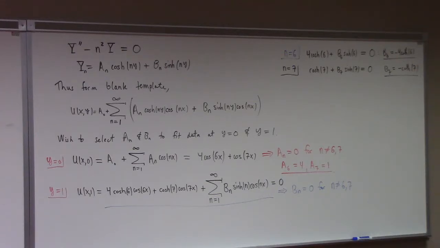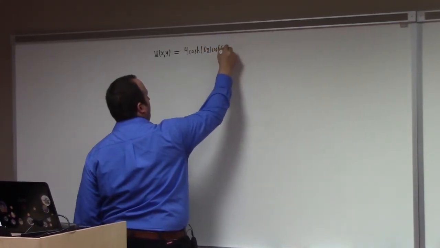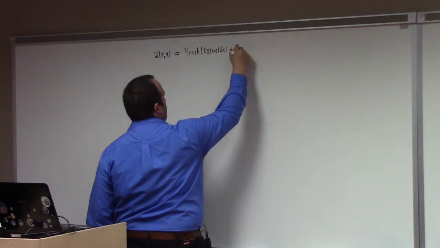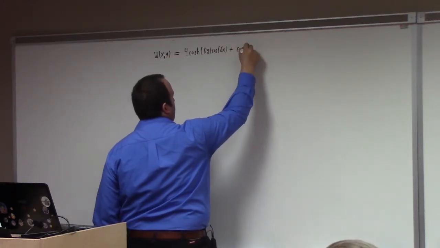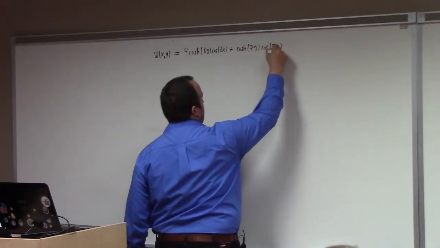Let's see here, let's put it together. So we have u of x comma y equals 4 cosh 6 cos 6 plus cosh 7y cosine 7x, right?